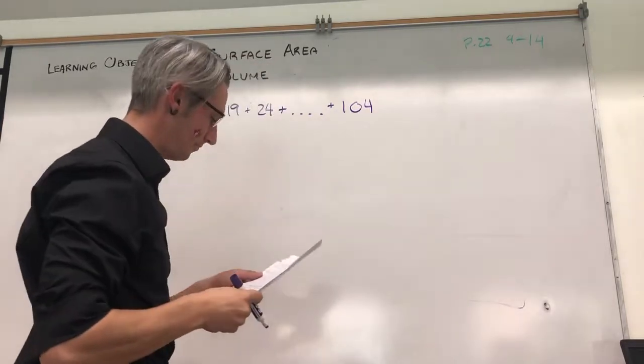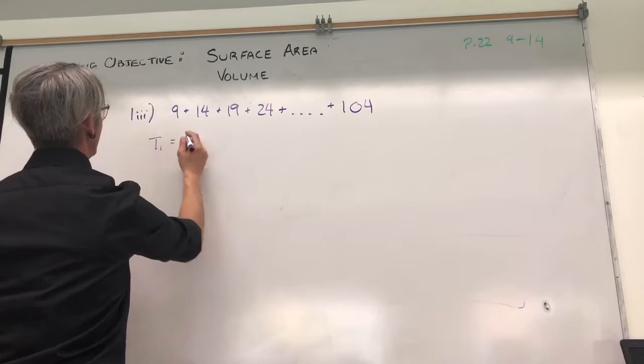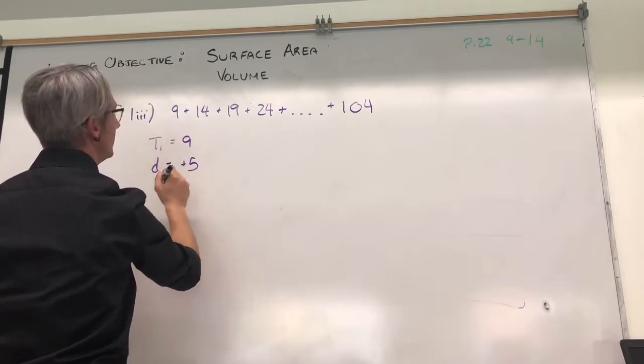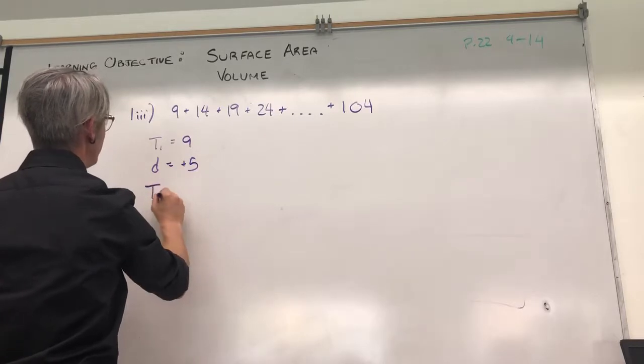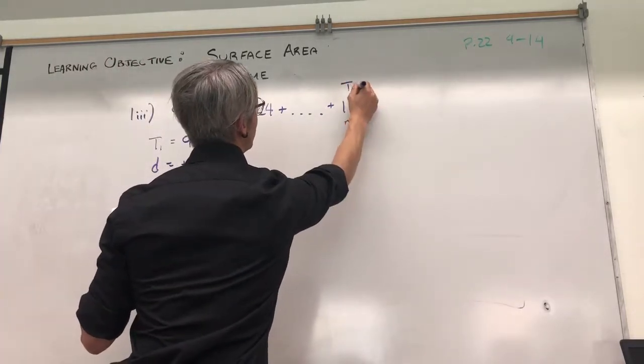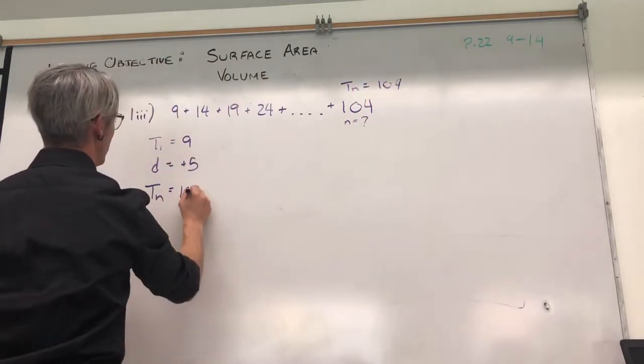So I'm looking at this, and my T1 I know is 9. My difference is plus 5. I know that I don't know what n is, but I know that the last term is 104. So Tn is 104.